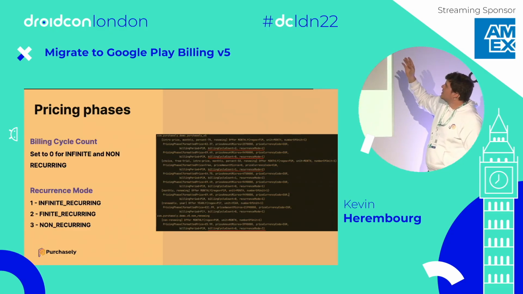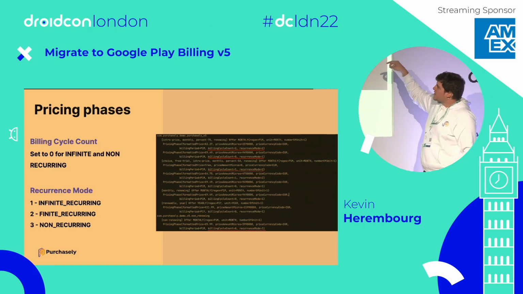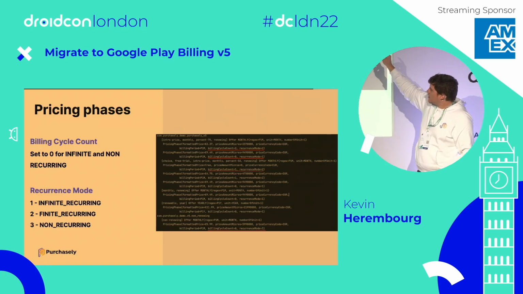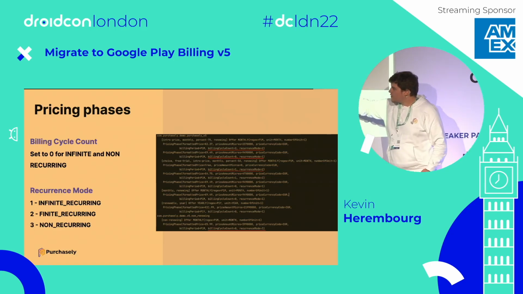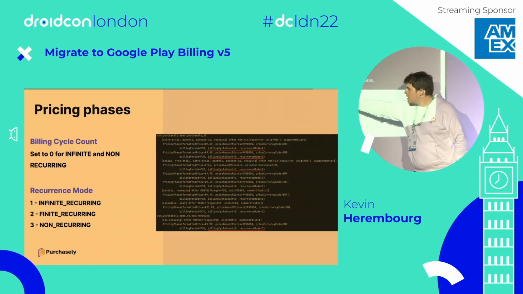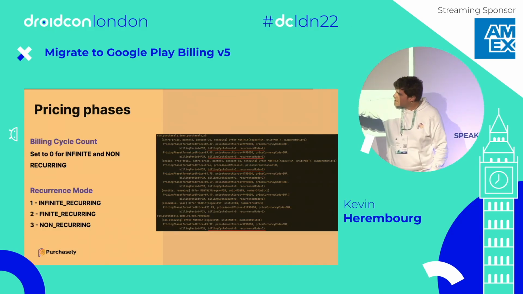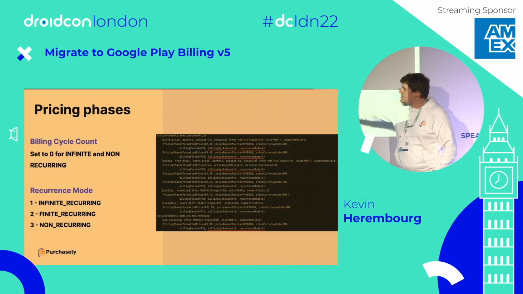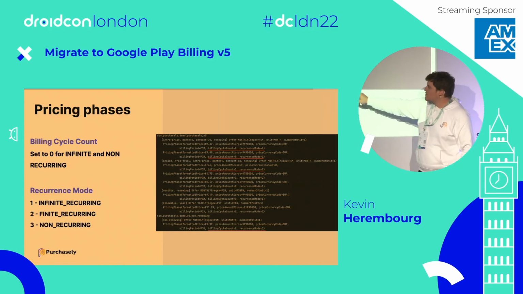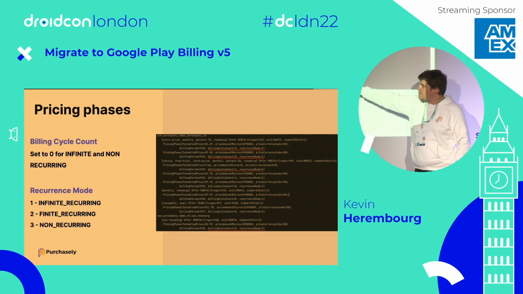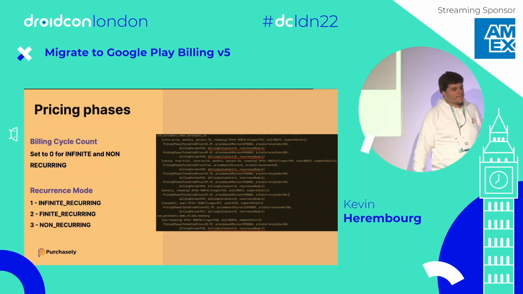So all good. And I have other examples, but basically what I'm also interested in is this one. I can see that the billing cycle count is 0 and the recurrence mode is 3, which means that it's a non-recurring subscription. And I've said it here, it's a non-renewing subscription. So this one does not have any proper offer. It's just a regular price for my monthly prepaid plan.